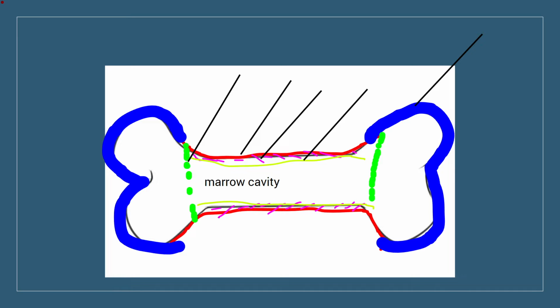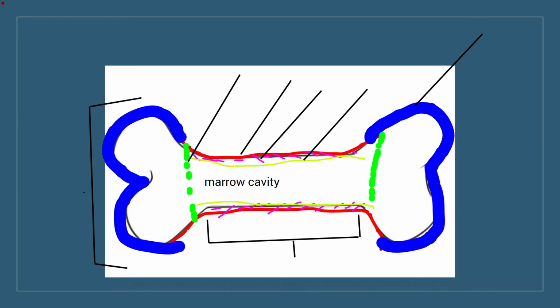And then this is the diaphysis. Let me do it the other way. I'll just do it this way.